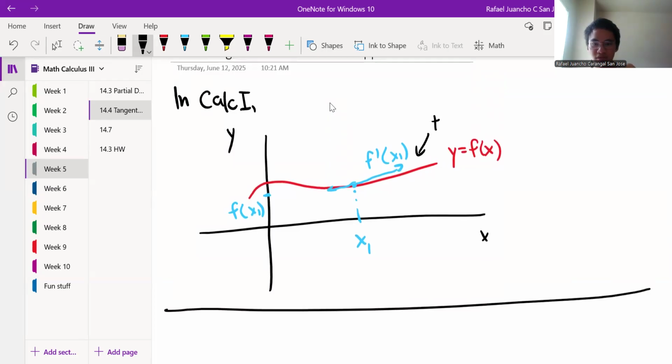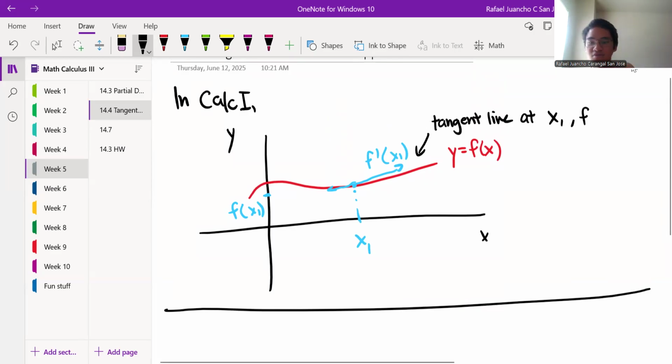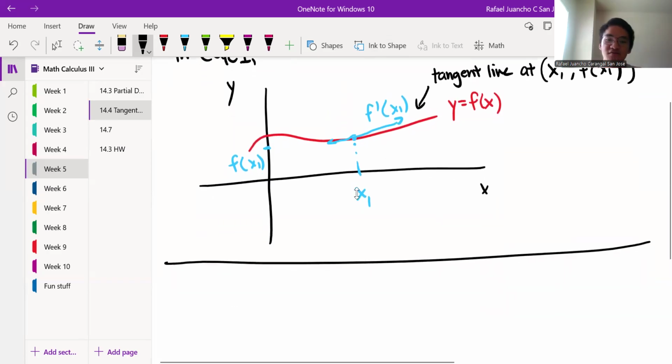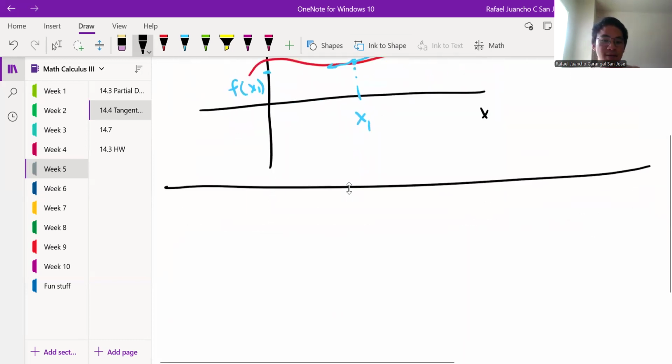This is what we call a tangent line. And to be specific, it's the tangent line at the point (x1, f of x1), right? So it's that.